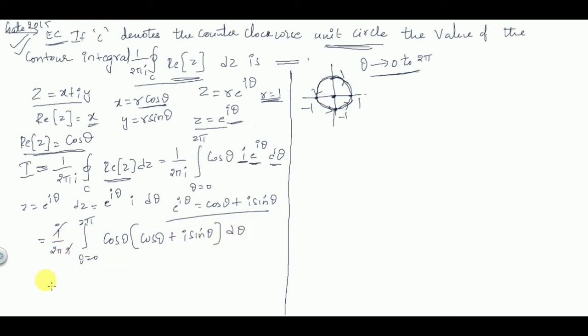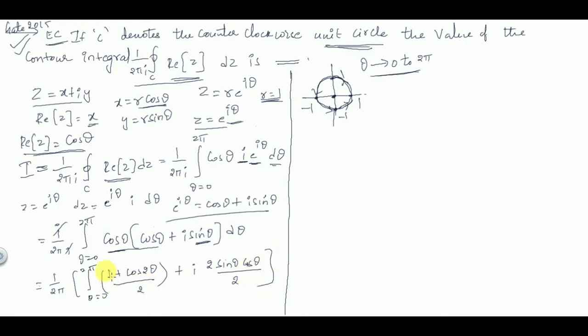So this i and this i get cancelled, so it will be 1 by 2 pi integral theta is equal to 0 to 2 pi, cos theta into cos theta, cos square theta. Cos square theta can be written as 1 plus cos 2 theta by 2, plus i into sin theta cos theta, where I am multiplying with 2 and dividing by 2.